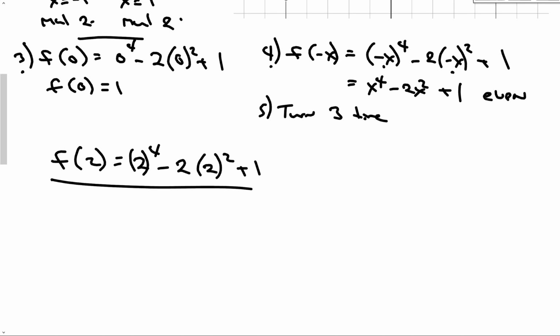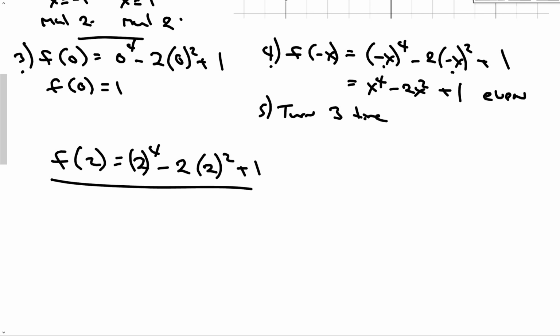Step 2, set it equal to 0 and solve, find the x-intercepts. So we say x to the third minus 3x squared is equal to 0. Factor out an x squared to give me x minus 3 is equal to 0. So that means x is equal to 0 and x is equal to 3.